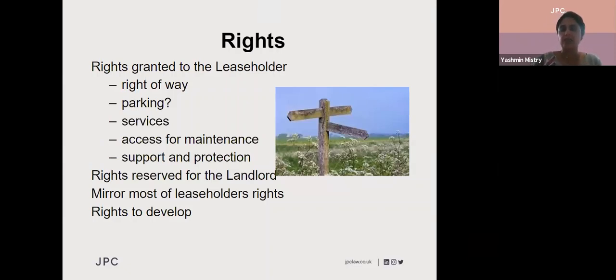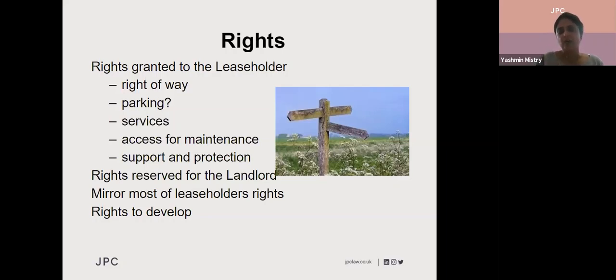Similarly, the lease should contain reserved rights for the landlord, so that the landlord has the ability to access the common parts or different flats to keep up with their maintenance obligations under the lease.